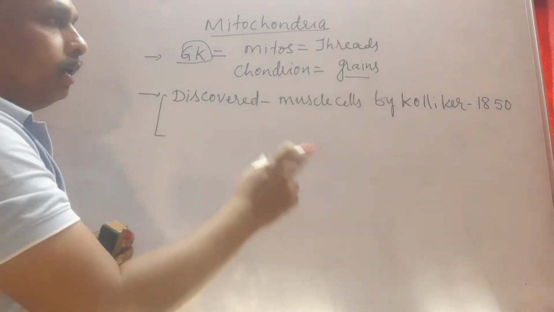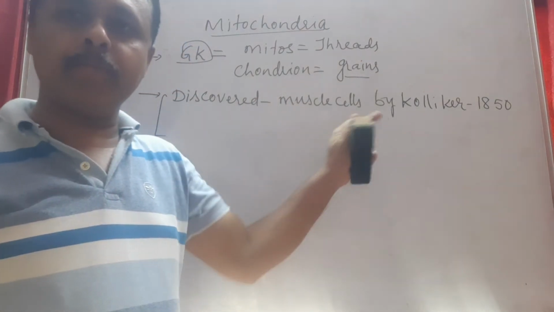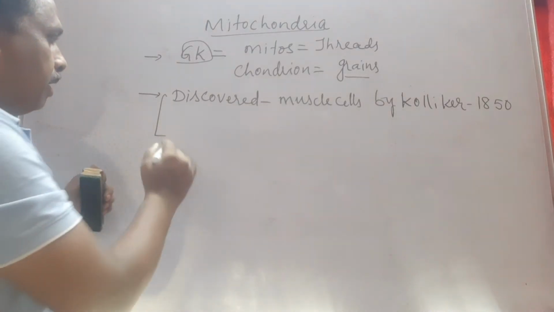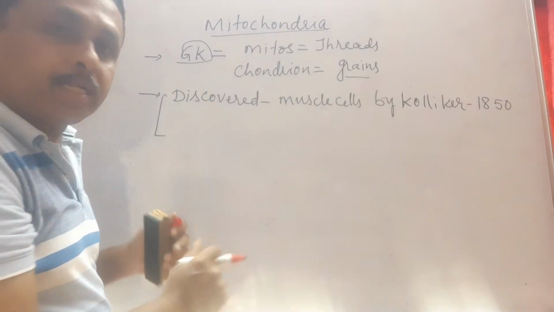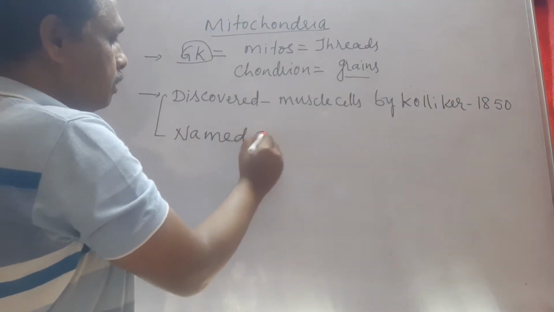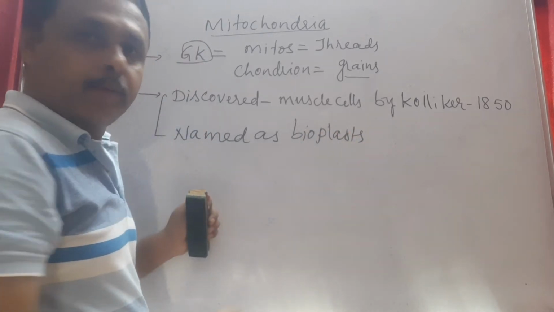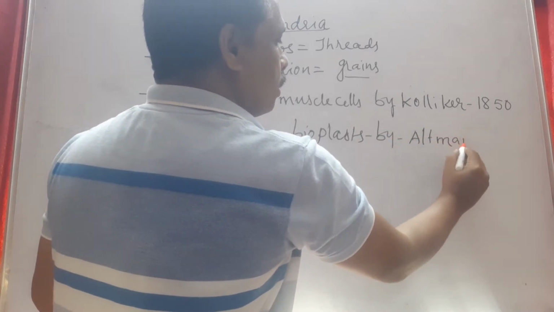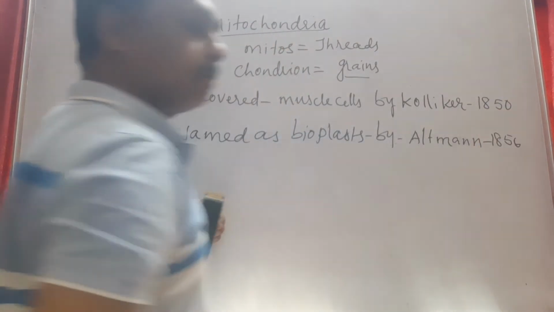Five or six years later, the mitochondria were named bioplast by Altman in the year 1856.